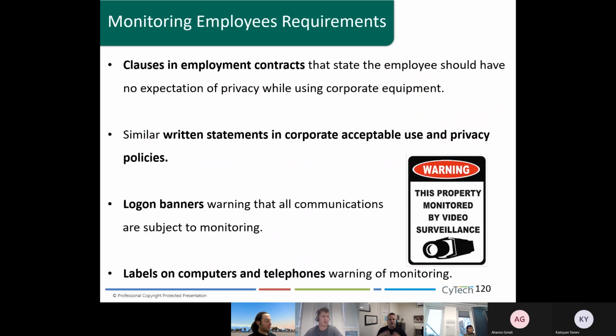And the way we want to make sure that this is all done is by monitoring. But when we do monitor our employees, for privacy reasons, we want to make sure they know about this. This is also very important in the CISSP and in general. When you monitor your employees, you don't want to do it under the radar.